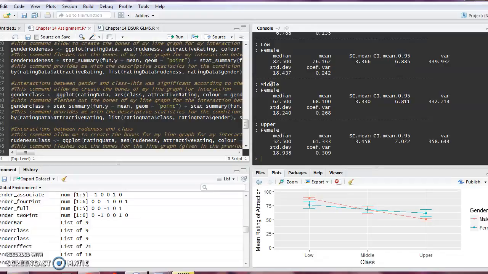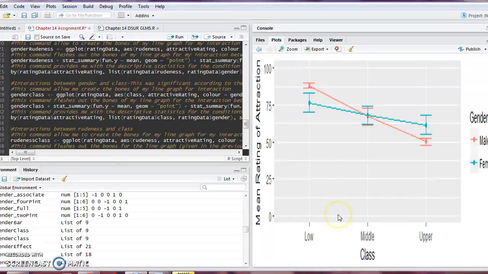For female participants, we see a similar trend in that those who were of lower class were given higher ratings of attractiveness than those who were of middle class and upper class. And just pulling up the graph, we can see that trend.